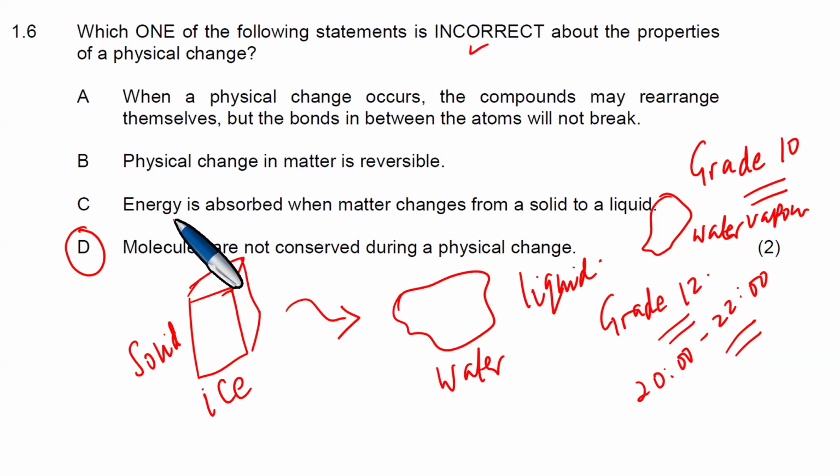The rest are correct. To say energy is absorbed when matter changes from a solid to a liquid is correct. With ice changing to water, it's still water, whether it's water vapor or an ice block.